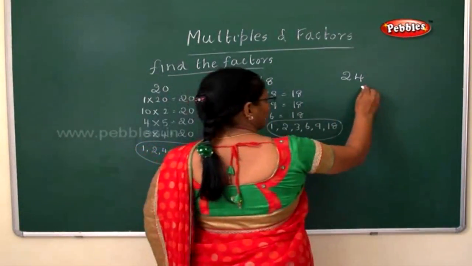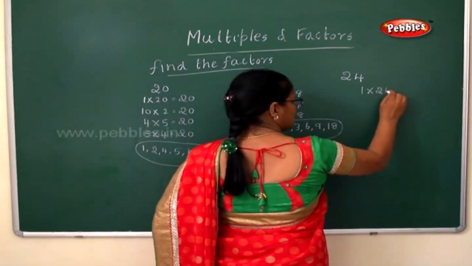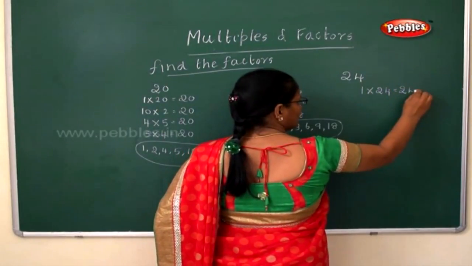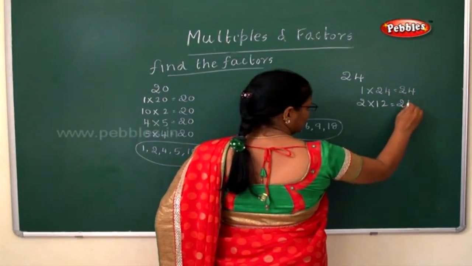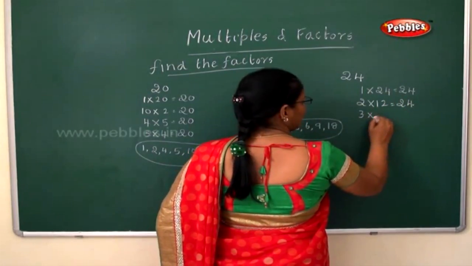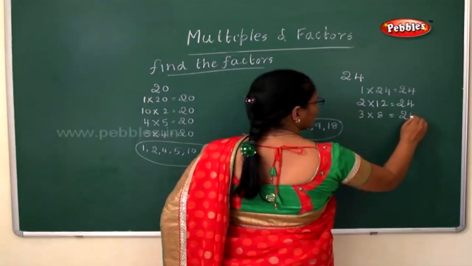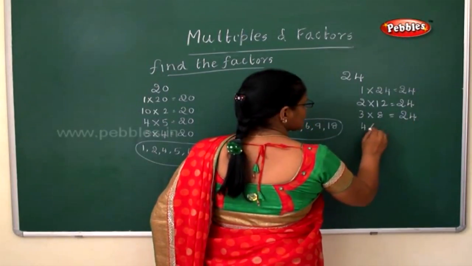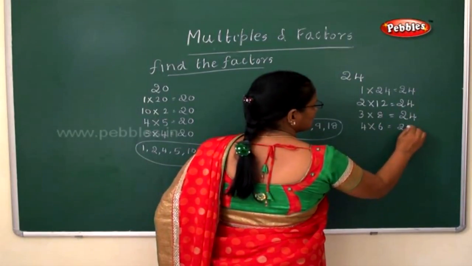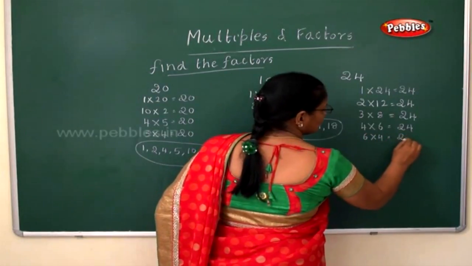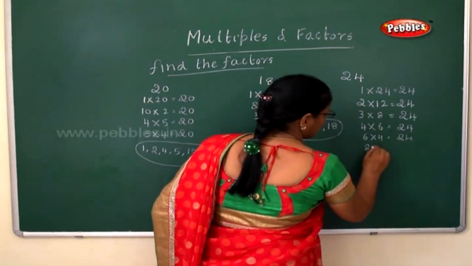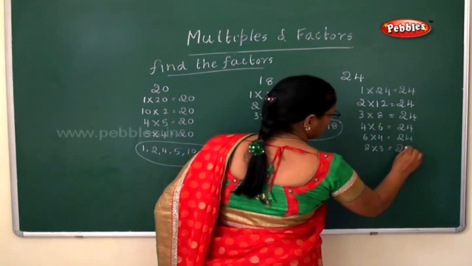Now for 24 again: 1 24 is 24, then 2 12s are 24, then 3 8s are 24, then 4 6s are 24, 6 4s are 24, then 8 3s are 24. This is how you will start writing it.